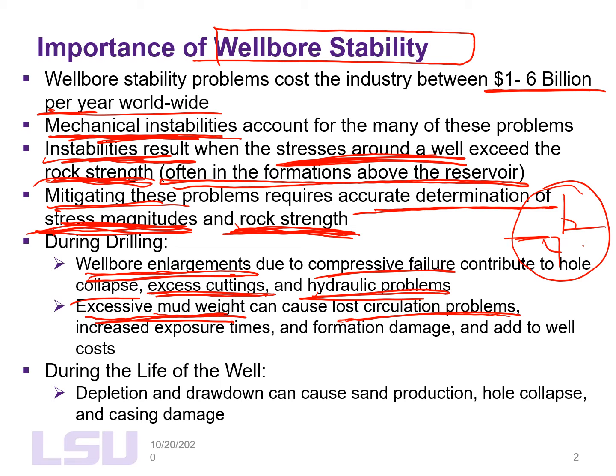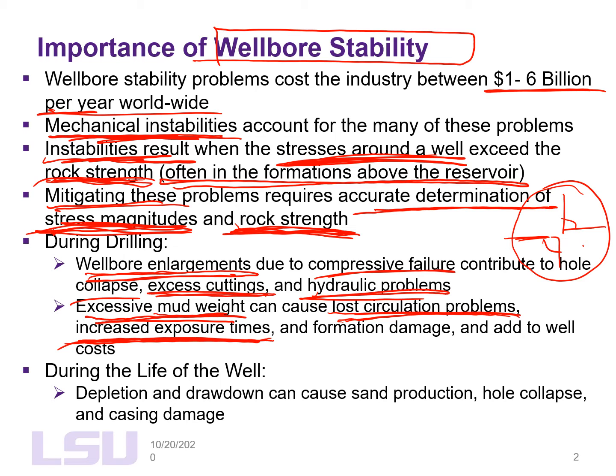Eventually, you can lose the mud pressure because of the loss of the hydraulic column, hydraulic pressure, and that could cause kicks and eventually blowouts. If you use excessive mud weight, you can also have increased exposure times, and that's what can lead to washouts, right?